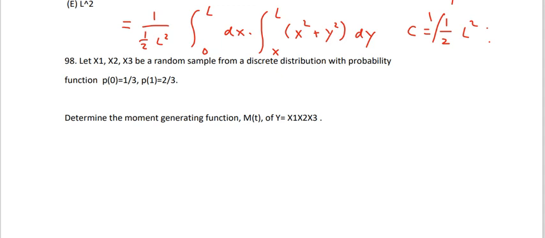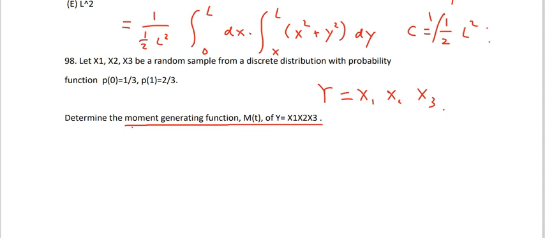For this problem, we want to find the moment generating function for Y. We want to know the distribution of Y, where Y equals X1 times X2 times X3. What is the distribution of X1, X2, X3?